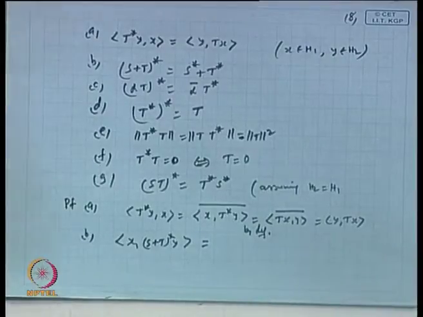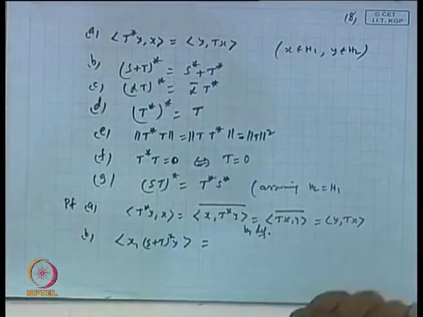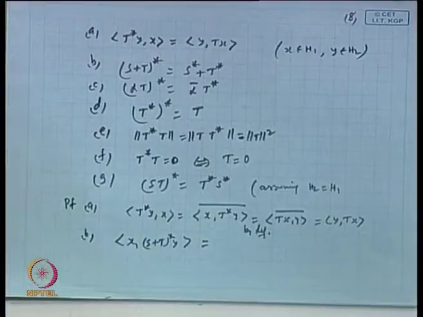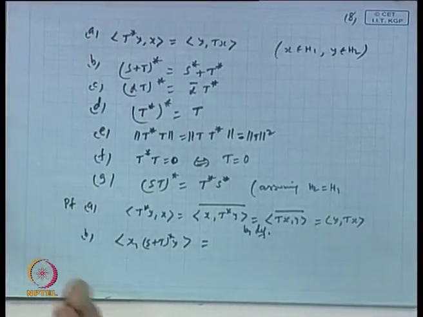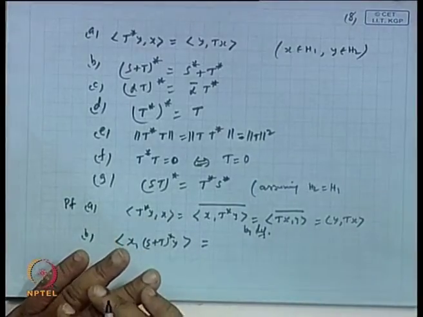If S is a bounded linear operator from one space to the other, T is also bounded from H1 to H2, then the sum of these two will also remain a bounded linear operator, and then you find the mapping from H2 to H1, we will get the same.